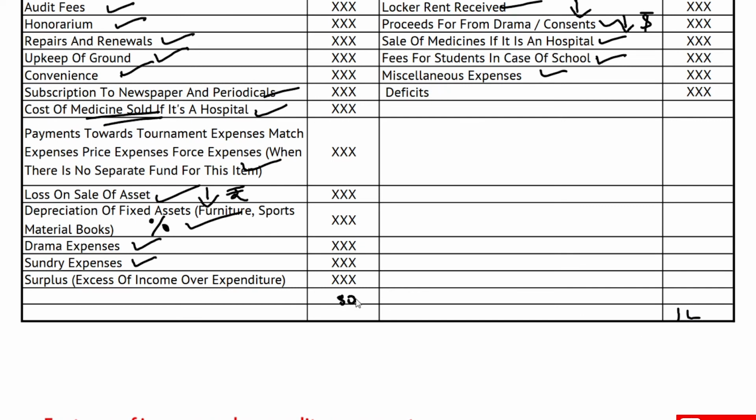We need to subtract and write the remaining 20,000 on the expense side to make it balance and write it as surplus, because our expenses are 20,000 less than the income. If our expenses are more, imagine 1,20,000 expenses for 1 lakh income, 20,000 will be a deficit. So this is the format.